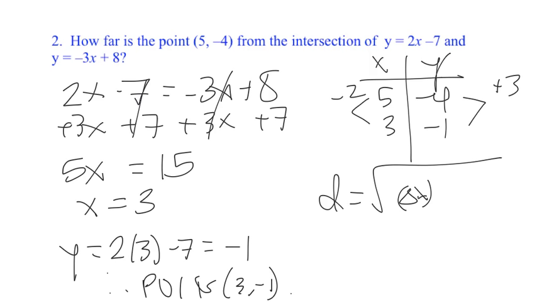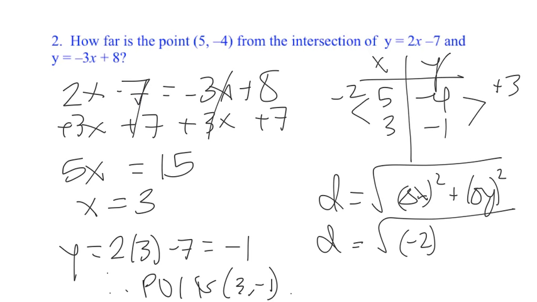Delta x squared plus delta y squared. And we get negative 2 squared plus 3 squared. And that's simply the square root of 13.